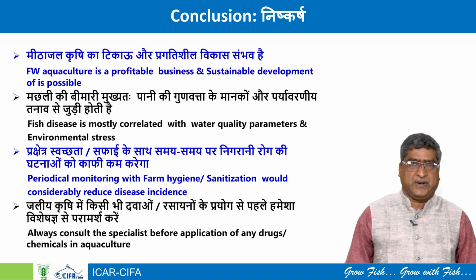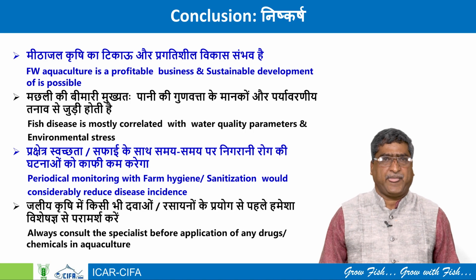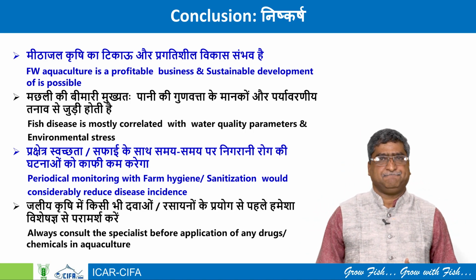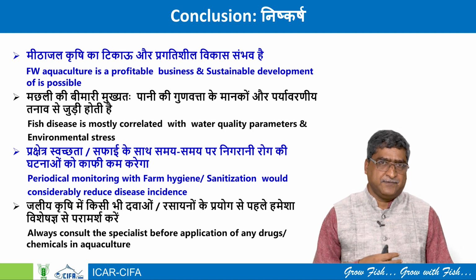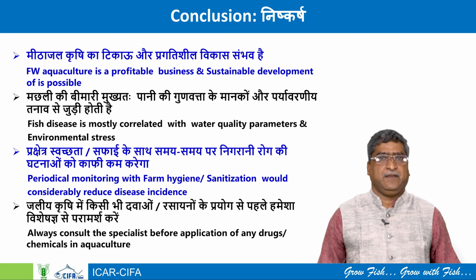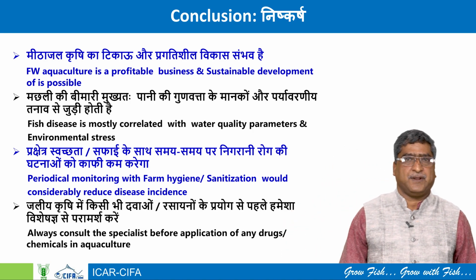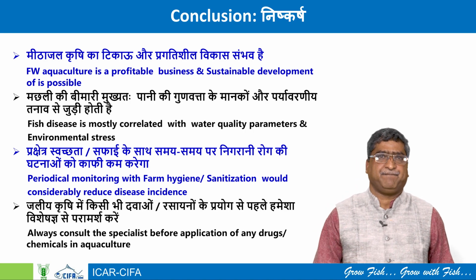So maintaining proper water quality and avoiding environmental stress is very, very important. Periodical monitoring of farm hygiene is also very, very important. You should use antiseptics or sanitizers. Always consult a specialist before using any aquaculture drugs and chemicals in the system.